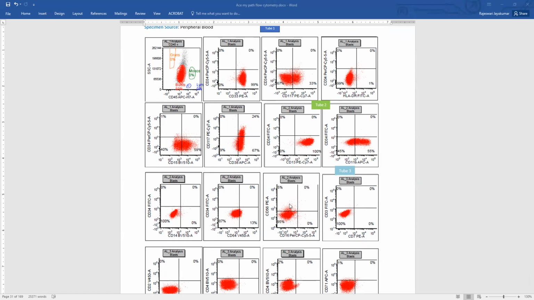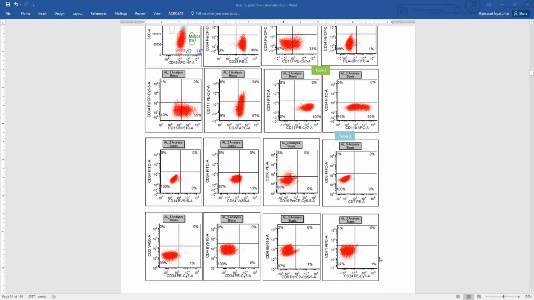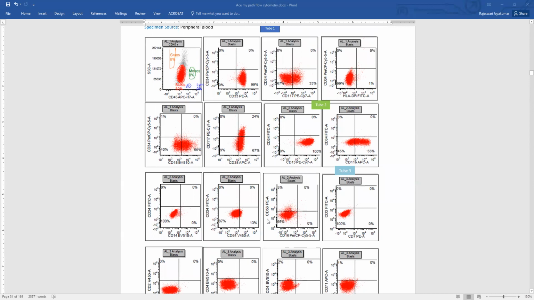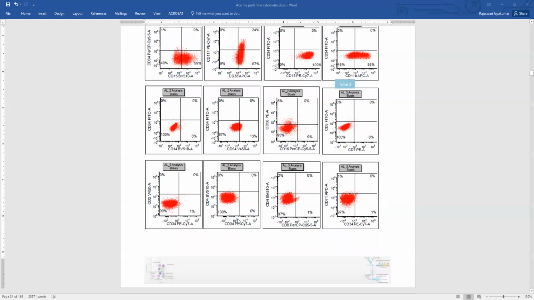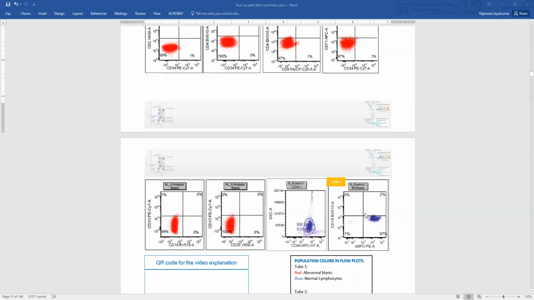But other markers are usually negative. So this is a classic acute promyelocytic leukemia. And also, if you remember, the granules are positive for myeloperoxidase, so they also express the brightest myeloperoxidase in the cytoplasmic tube.